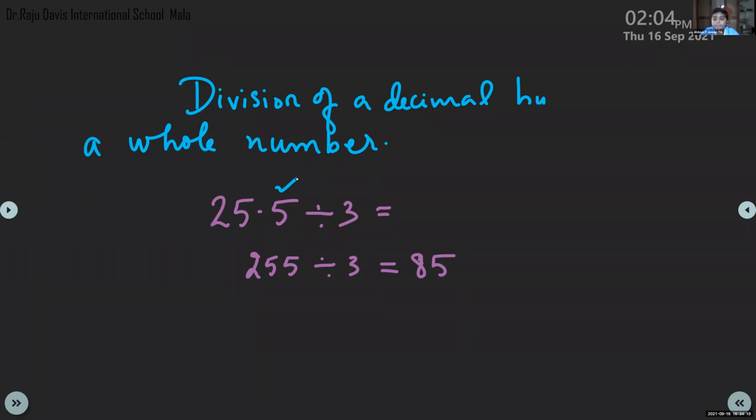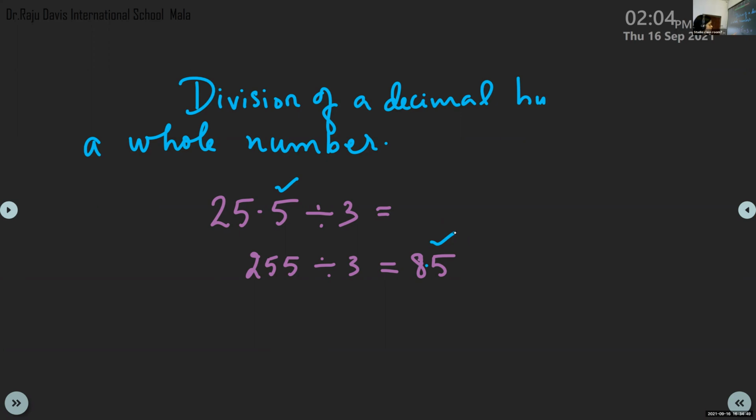So in the answer also, if it is 3, then we put 0.085. If it is not enough, we add a 0 after the point. If it is already there, let it be like that.